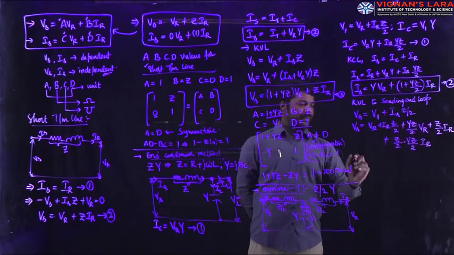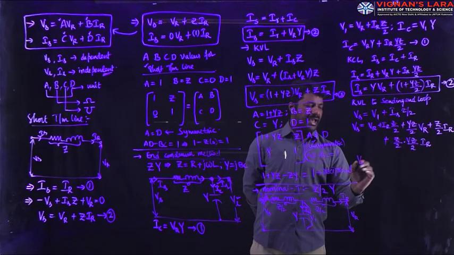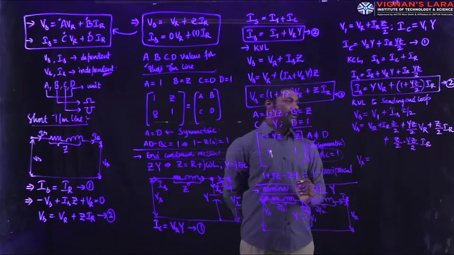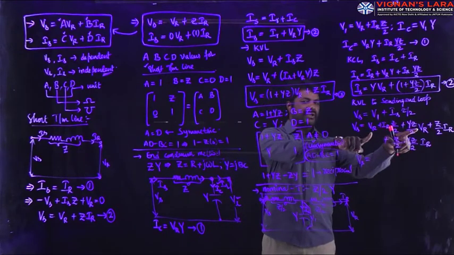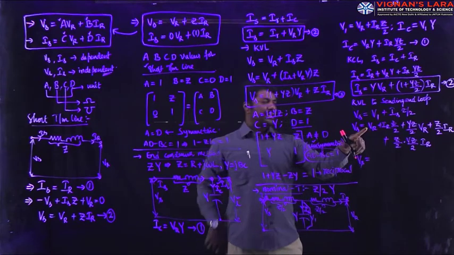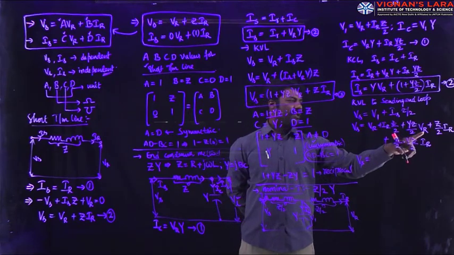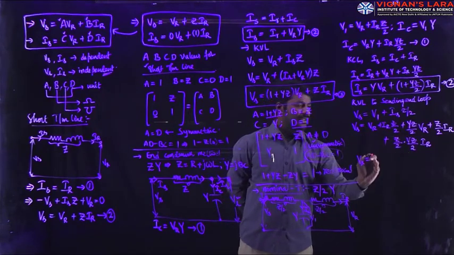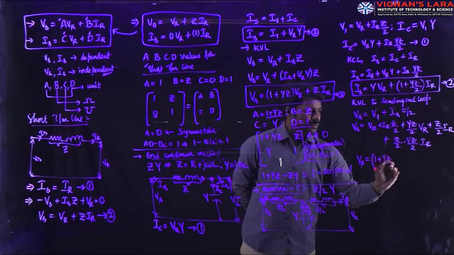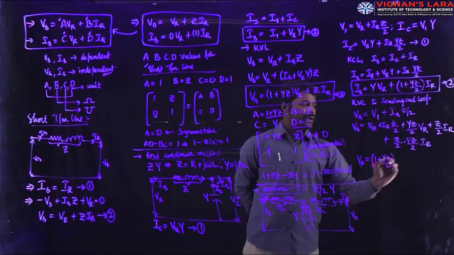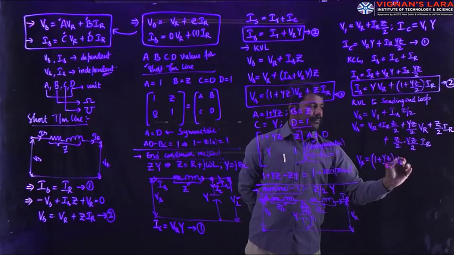So simplify by taking the common parameters. What is the VR coefficient? You can observe here two terms for VR. One has a coefficient of 1, the other term has a coefficient of YZ by 2. Then you can get this as 1 plus YZ by 2 times VR.